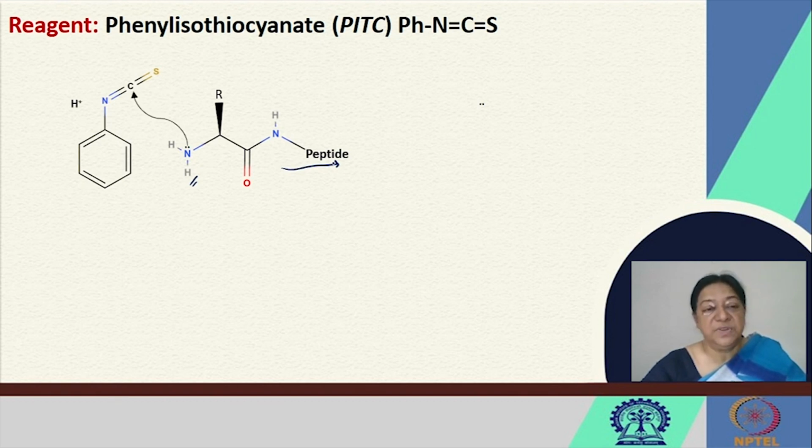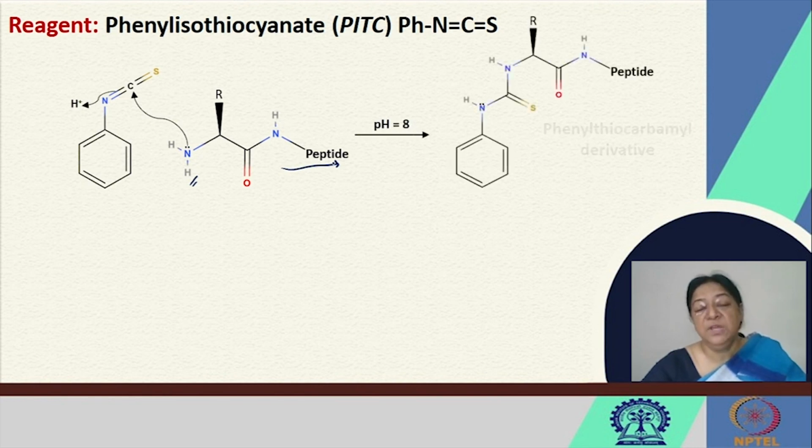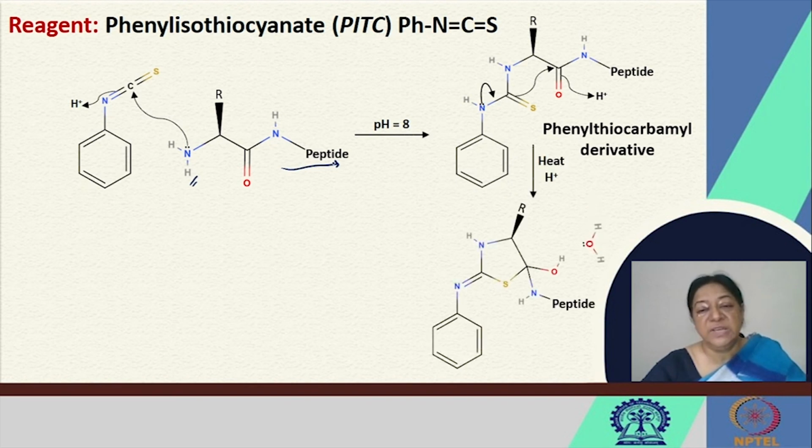We have a specific reaction where, under the basic conditions, we have the formation of an adduct, that is the phenyl thiocarbamyl derivative. From that, we have a specific reaction that is going to give us, under conditions of heat, a peptide that is attached to our PITC.